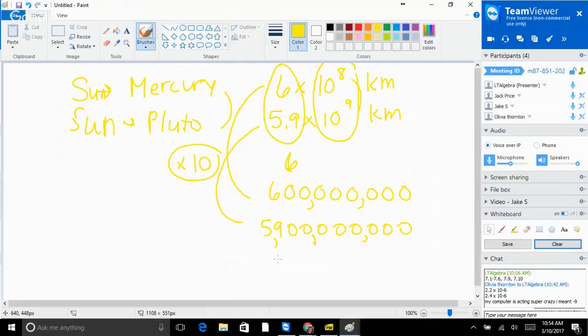So if I had them written out like this, it's a little bit harder to tell. I mean, you can kind of see because the numbers are close, but it's harder to tell what is the difference in the distance of those two. So that's why scientists use scientific notation, because it helps with the scale of size.